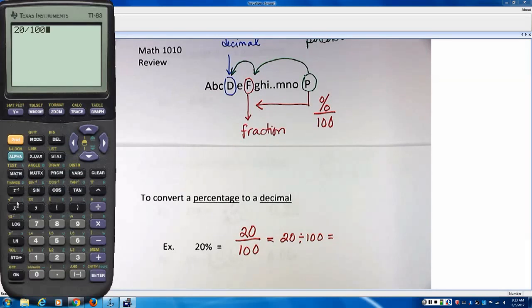20 divided by 100, press your math key. And the very first thing it says is change the answer to a fraction. So you hit enter.